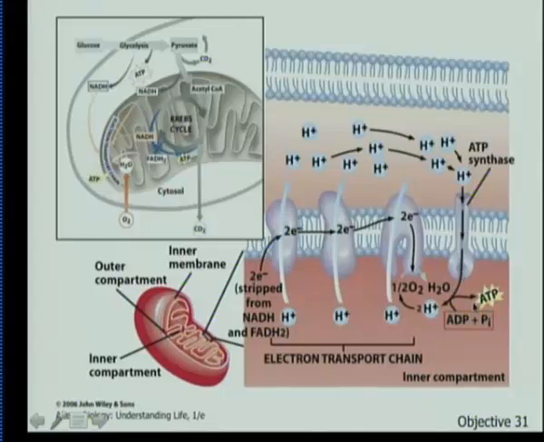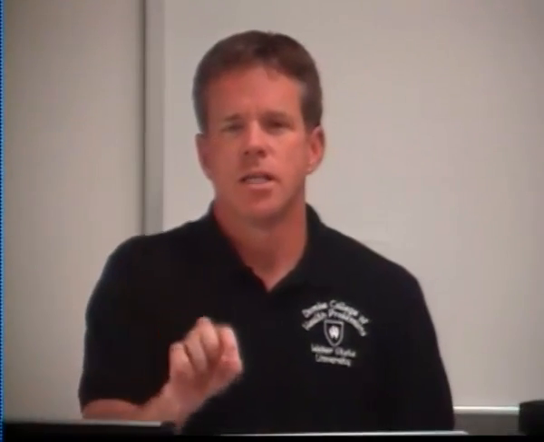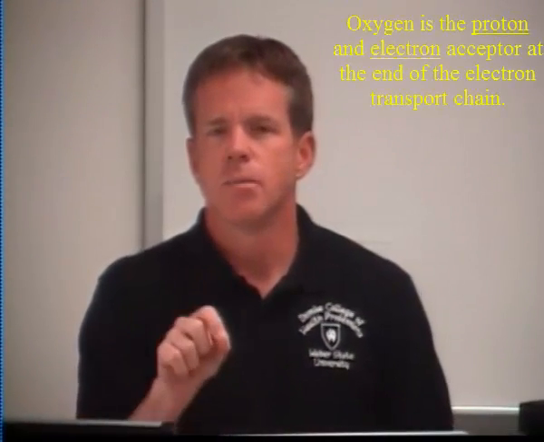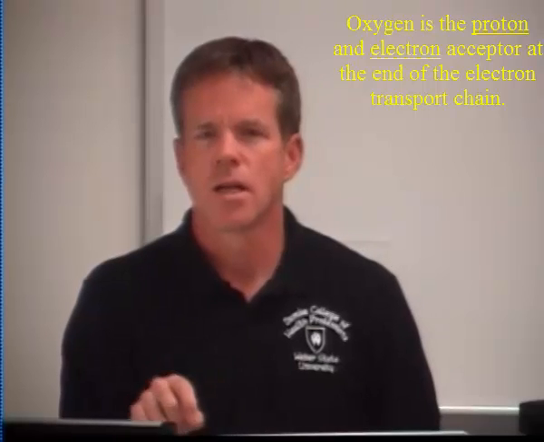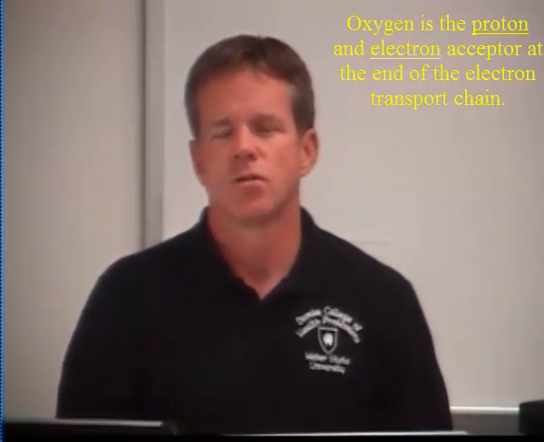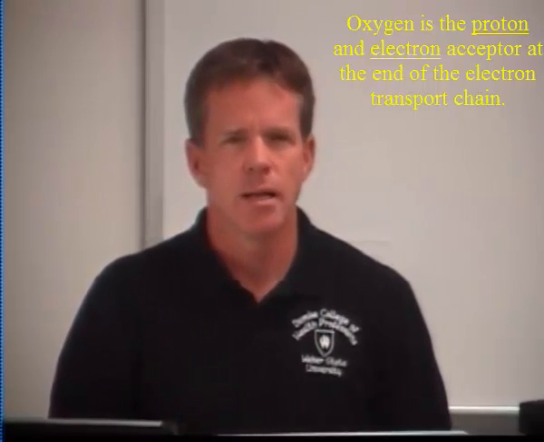Now, the issue becomes, well, now out here we have these electrons and we have the hydrogen ions down here within that inner membrane. Well, now what are we going to do with those things? Well, the advantage here, and this is where oxygen comes in, let me make this statement first. Oxygen is the proton and electron acceptor in the electron transport system. Let me repeat that.